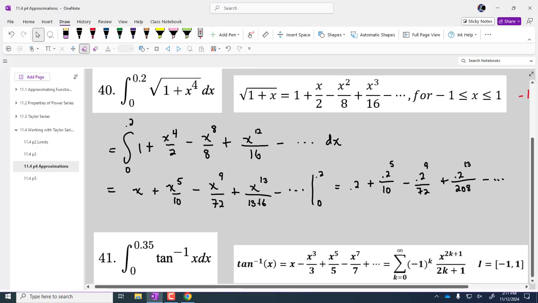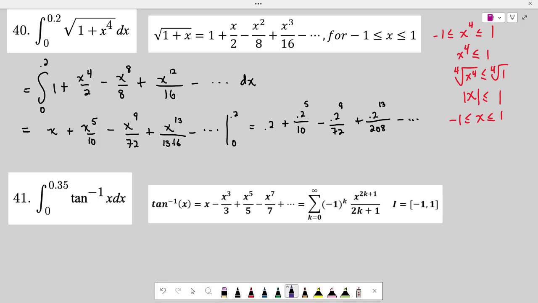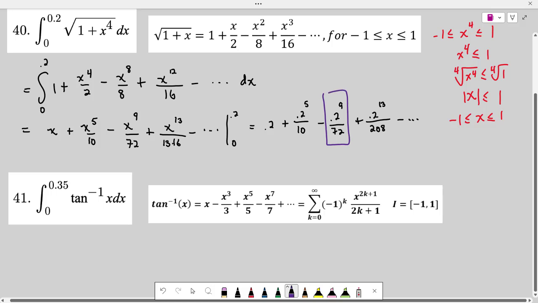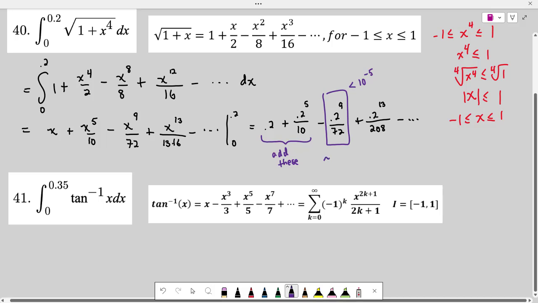So this term right here has magnitude less than what we are interested in. So this term right here, that's less than 10 to the negative 5. So that means we're going to add up everything that's in front of it. We're going to add these up. So if it asks for the approximation to be less, then we just type that into our calculator and get whatever that number is.